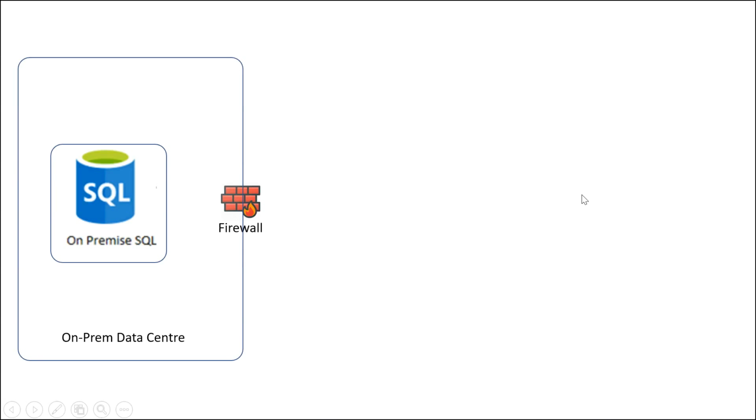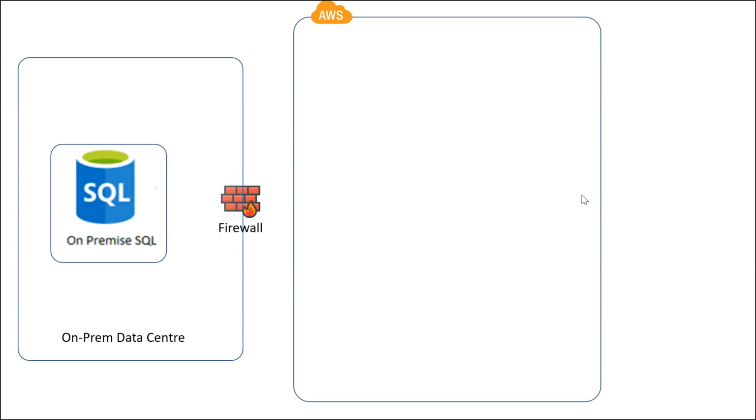So very quickly, I am going to talk about the architecture that we are going to implement as part of this tutorial. We have our database on which we want to perform the analytics running on an on-prem data center, which is protected by a firewall.